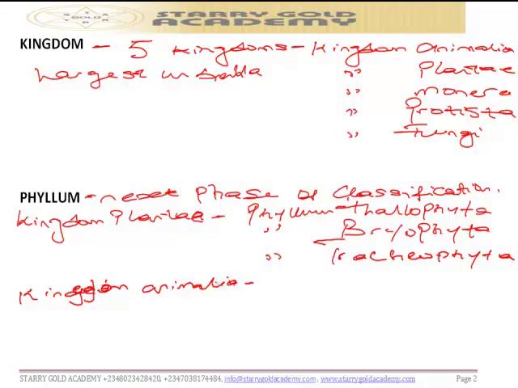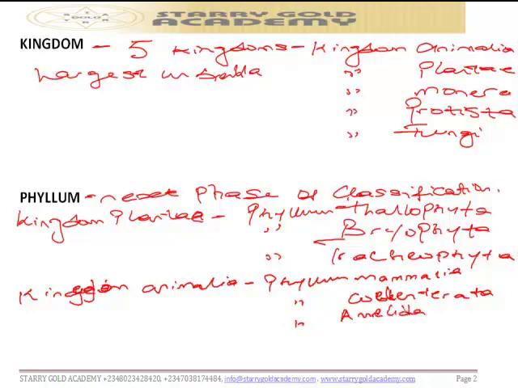we have nine phylums. They are phylum Chordata, phylum Annelida. Annelida are the animals with segmented bodies.